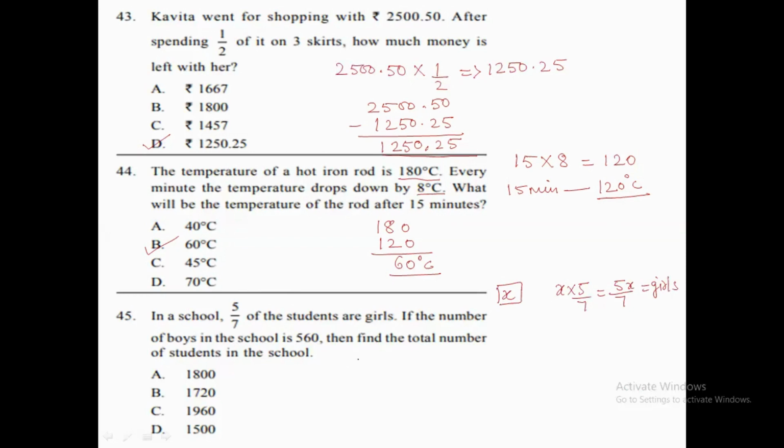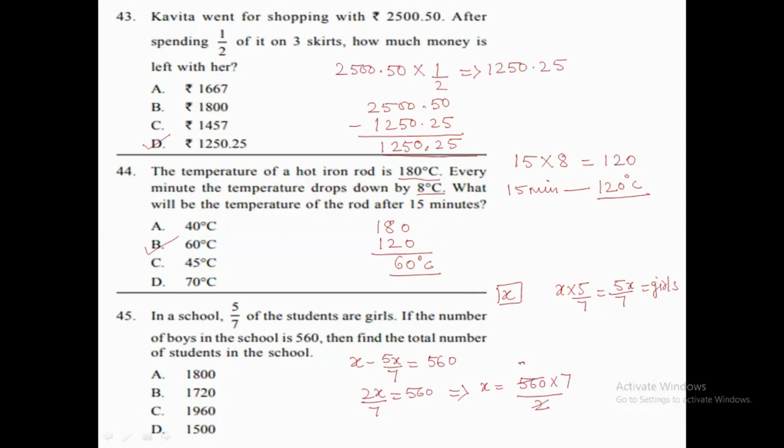So what we will do is, from the total, if we subtract the number of girls, we will get the number of boys, which is 560, correct? So this is our equation that we need to solve. Let's solve it. That will be 7x minus 5x, which equals 2x by 7, which equals 560. Now x will equal 560 multiplied by 7 by 2.